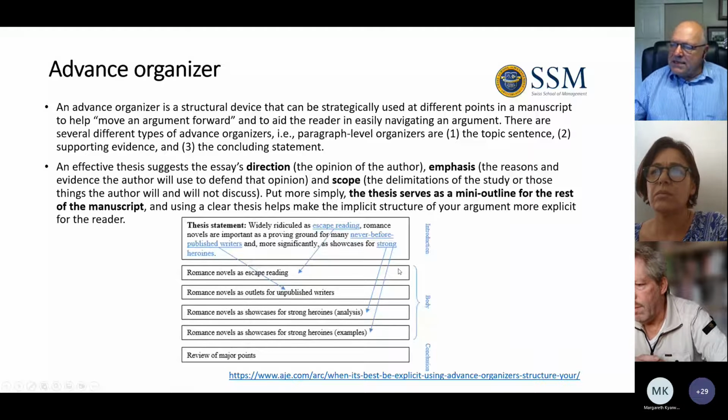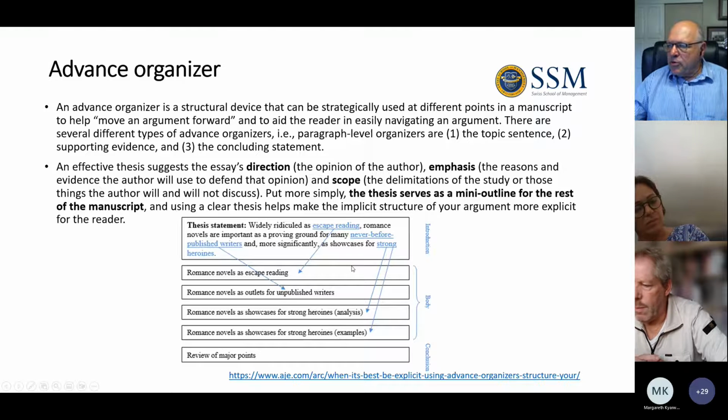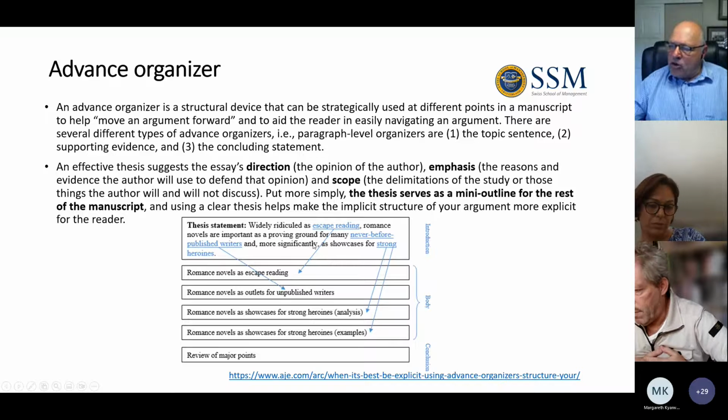As you can see here, this thesis statement: widely ridiculed as escape reading, romance novels are important as proving ground for many never before published writers and more significant as showcases for strong heroines. This is the claim that's made. But if you look at the words that are used, you organize your whole next section according to this statement, because you now have to write about escape reading.